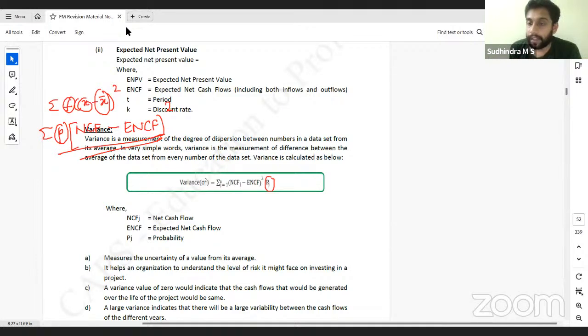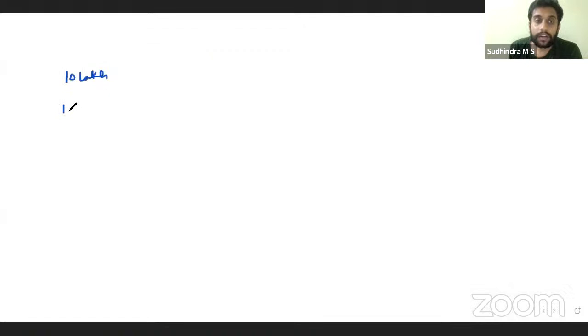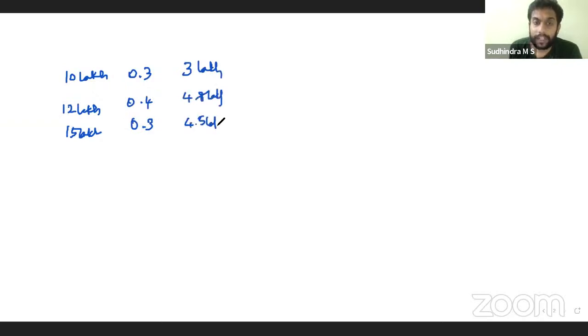In the example that we had, cash flows of 10 lakh, 12 lakh and 15 lakh, with probabilities 0.3, 0.4, 0.3. So we get 3 lakh, 4.8 lakh and 4.5 lakh. What is the expected cash flow? 12.3 lakh.